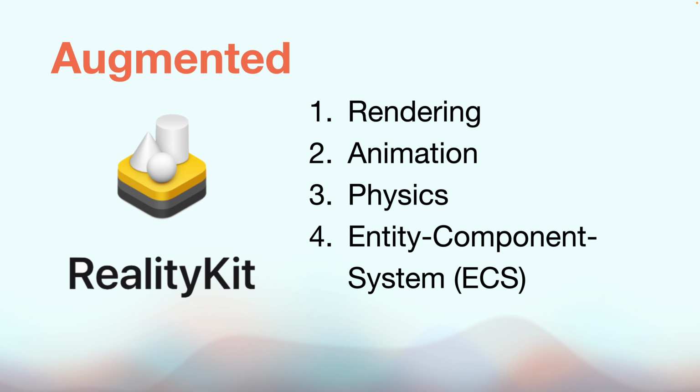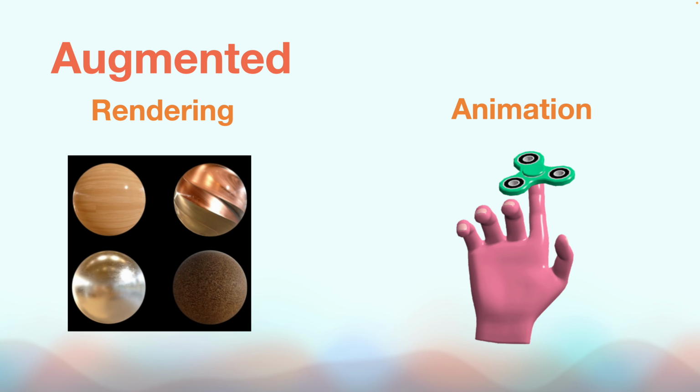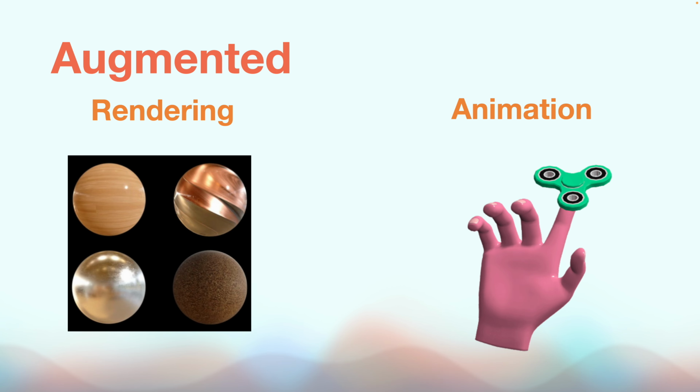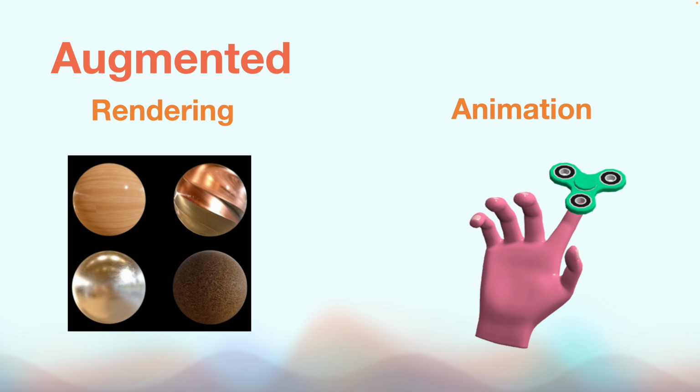What it does is rendering, animation, physics, and entity component system, ECS. I'm going to explain ECS later, but there's a graph that shows you what the system will look like. So let's go over all the stuff. Rendering is pretty straightforward, I believe.